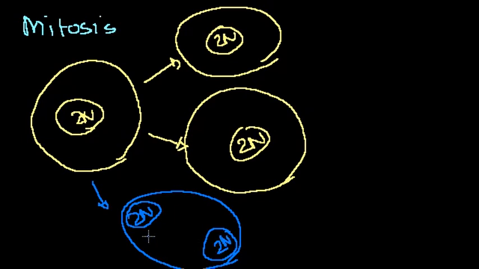This cell has experienced mitosis. It has not experienced cytokinesis, which we will talk about in a few moments, the process of the actual cytoplasm of the cell being split into two different cells. And just for clarity, the cytoplasm is all the stuff outside of the nucleus.